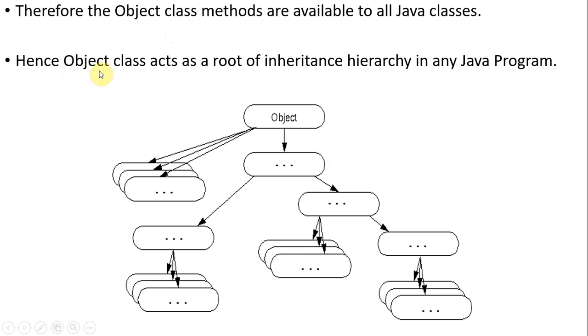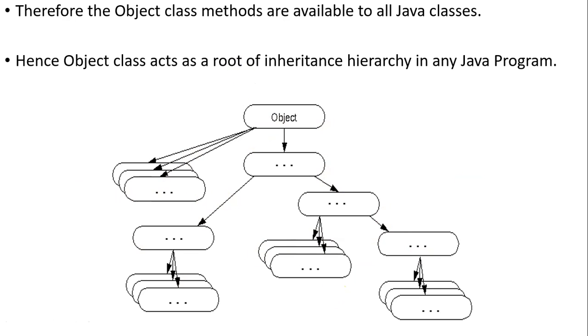Hence the Object class acts as the root of the inheritance hierarchy in any Java program. See the diagram here. Object is the topmost parent class, and all the remaining are subclasses. These subclasses may be predefined or user defined.